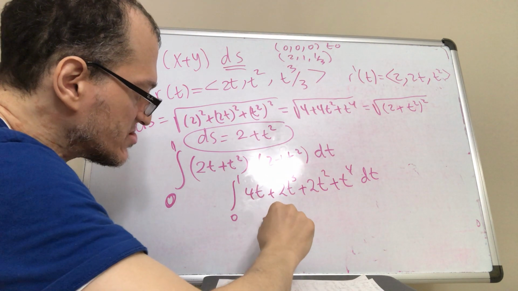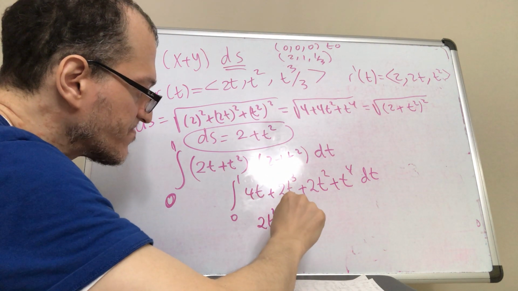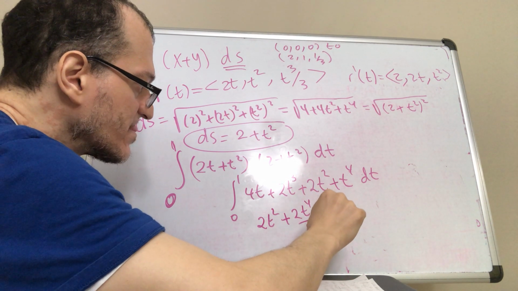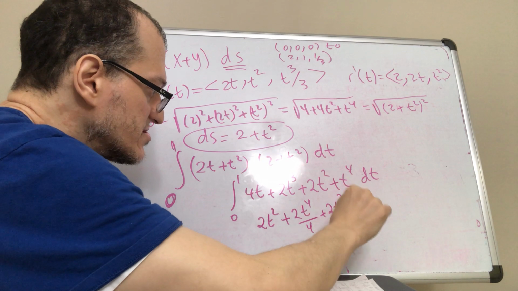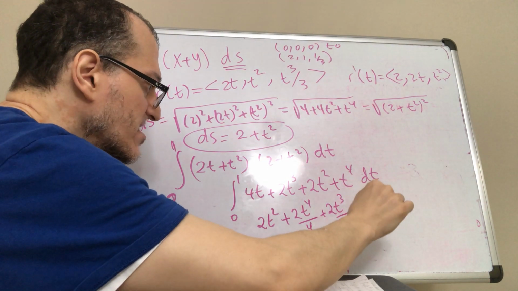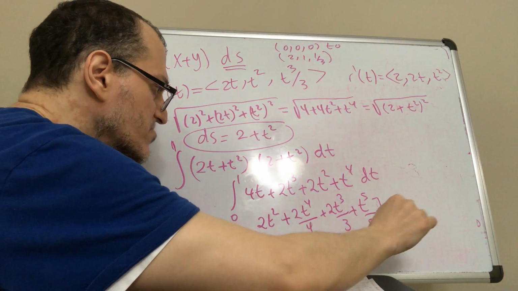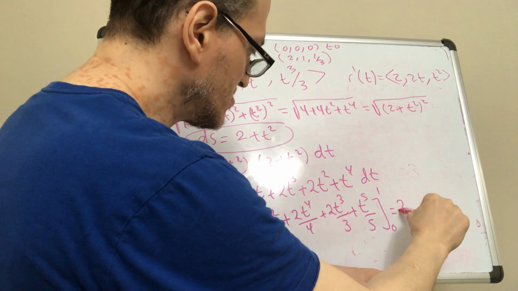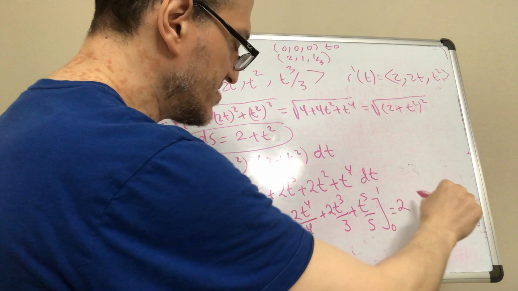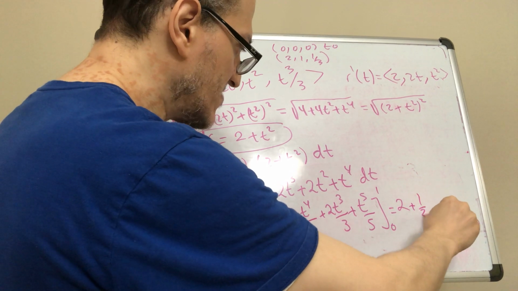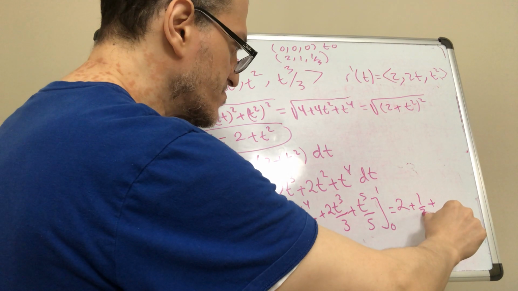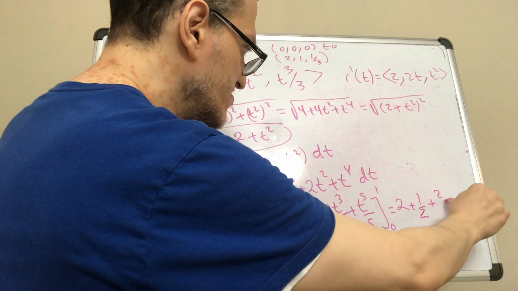Integral. First one, 2t squared. This one is t to the 4 over 4. This one is t cubed over 3. t to the 5 over 5, and you plug 0 and 1. Plugging 1 here gives you 2 over 4, which is half. 1 here gives you 2/3.